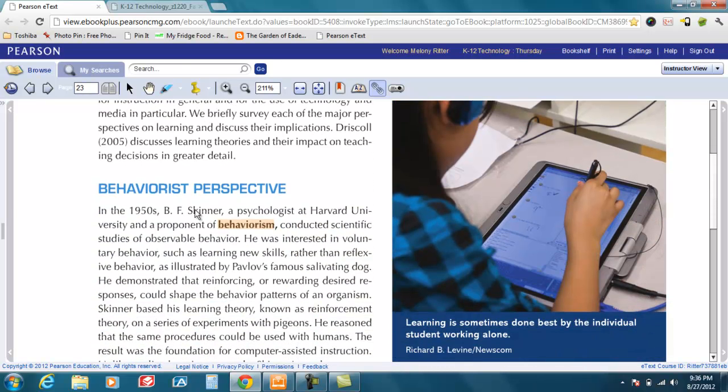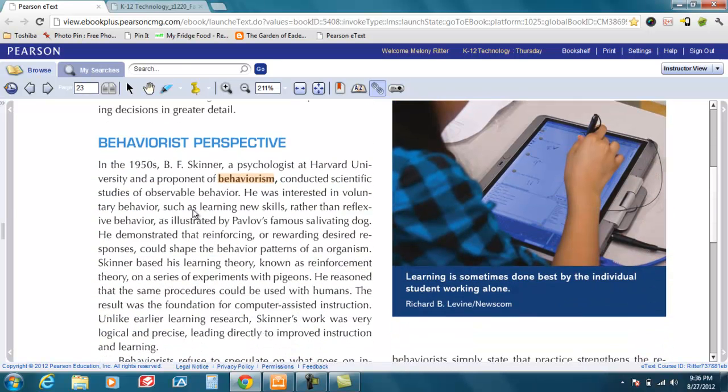And the first learning theory or perspective is the behaviorist perspective. In the 1950s, B.F. Skinner, a psychologist at Harvard University, was a proponent of what he labeled behaviorism. It was basically a scientific study of observable behavior.